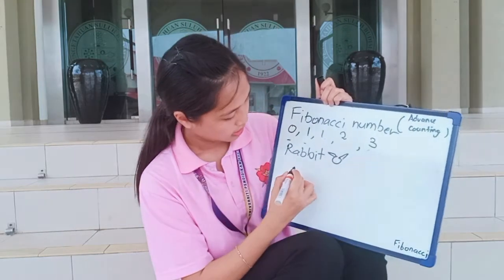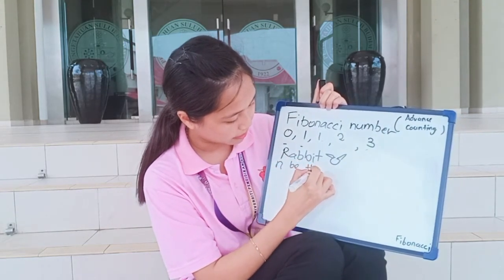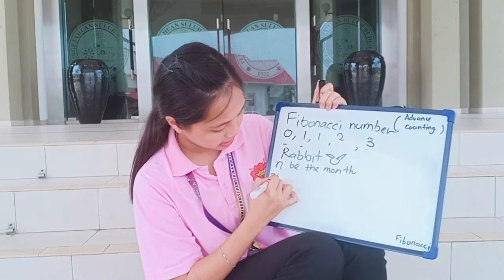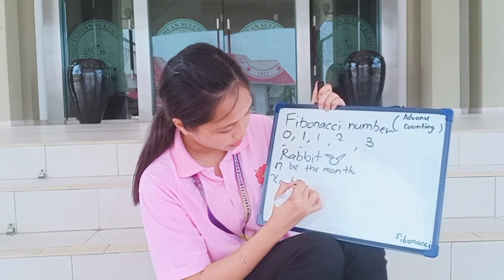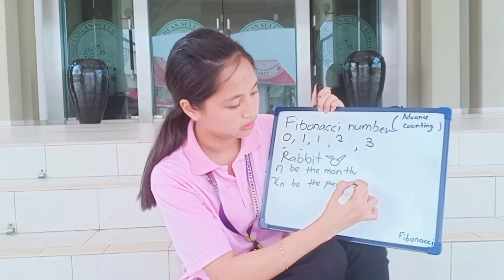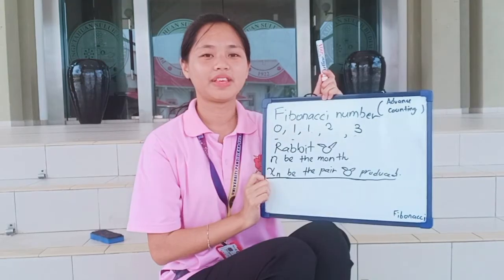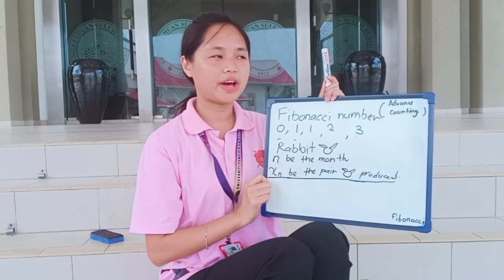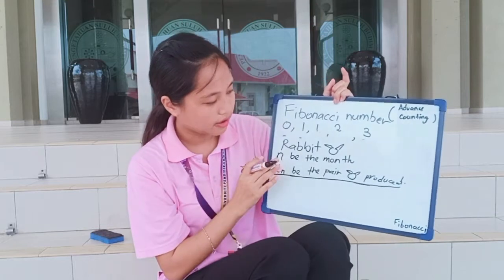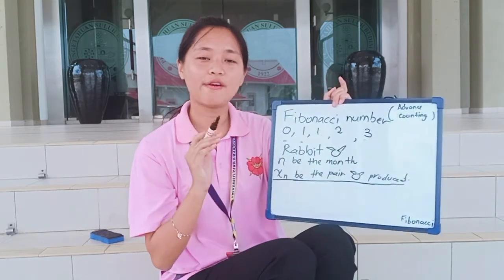Let n be the month, and x_n be the pairs of rabbits produced. So how do you apply the Fibonacci numbers in daily life? How do we count how many pairs of rabbits will be produced every month?